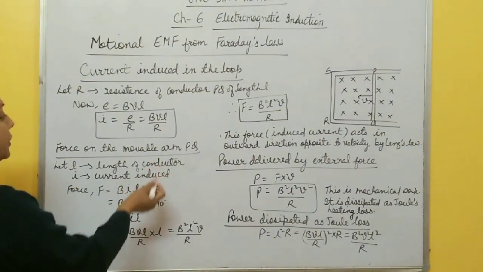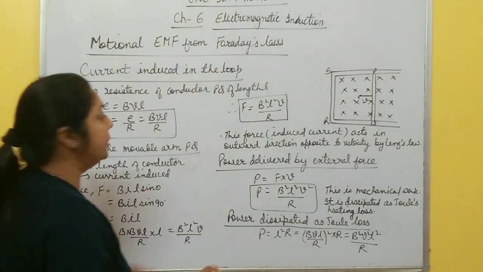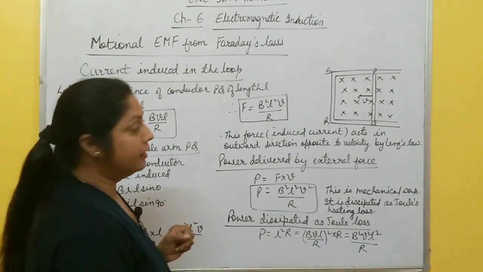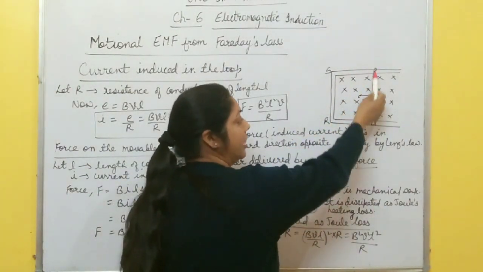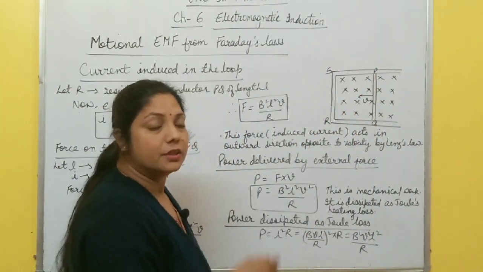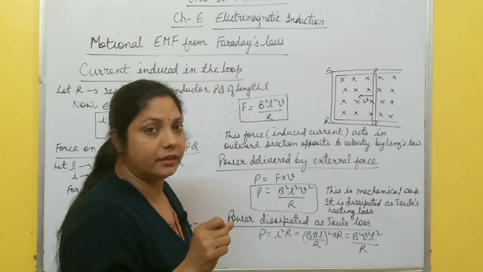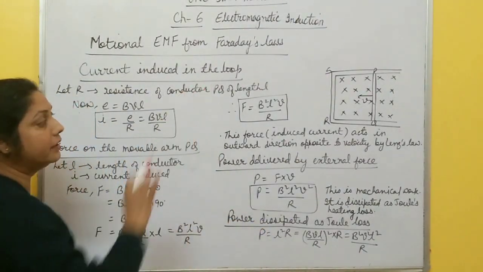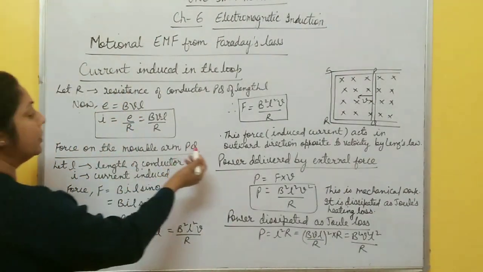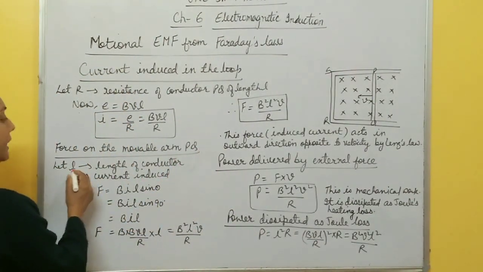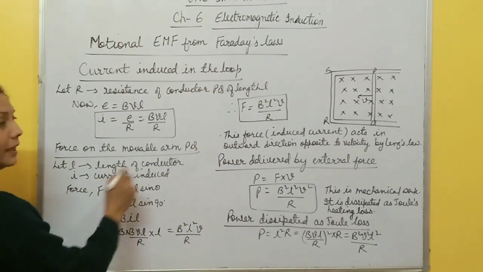Now the force on the movable arm PQ. Due to this induced current, the conductor is placed in a uniform magnetic field. Current is induced across this conductor PQ, so force acts on the PQ arm. What is the value of that force? Here L is the length of the conductor PQ, I is the current.